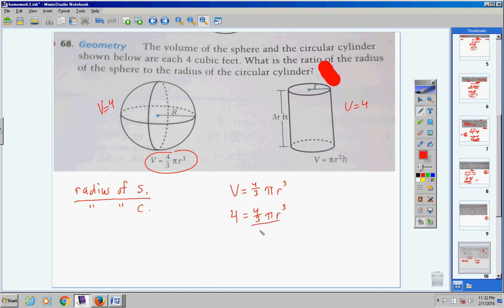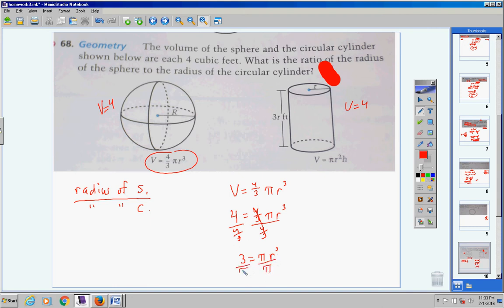Now, let's divide both sides by 4/3, first of all, to get things started, to get r by itself. So these will cancel, leaving me with 4 over 1 times 3 over 4, which is 3. So now I have 3 equals pi r cubed. 4 divided by 4/3 is 3. Now divide both sides by pi.